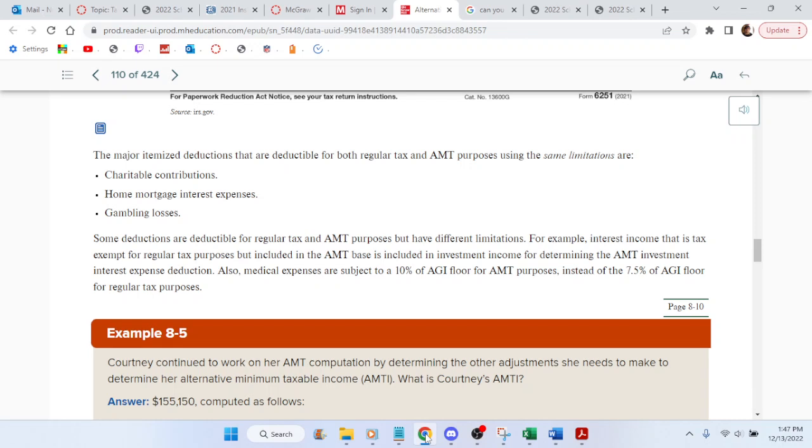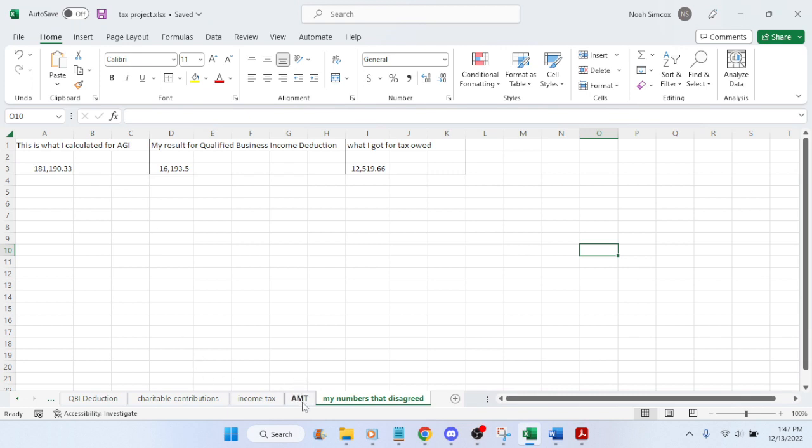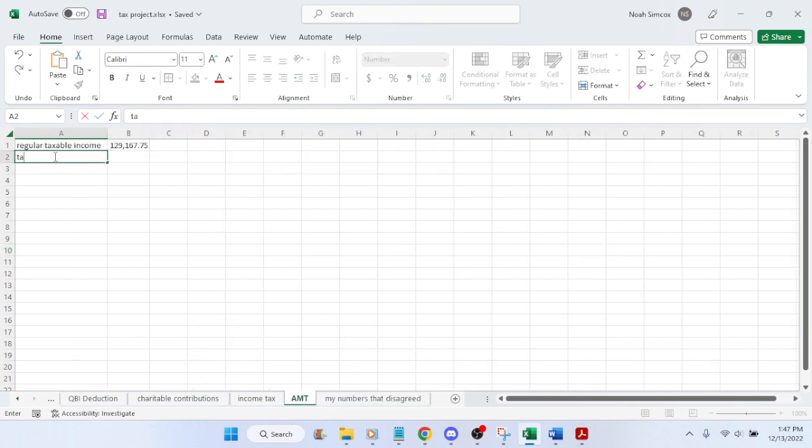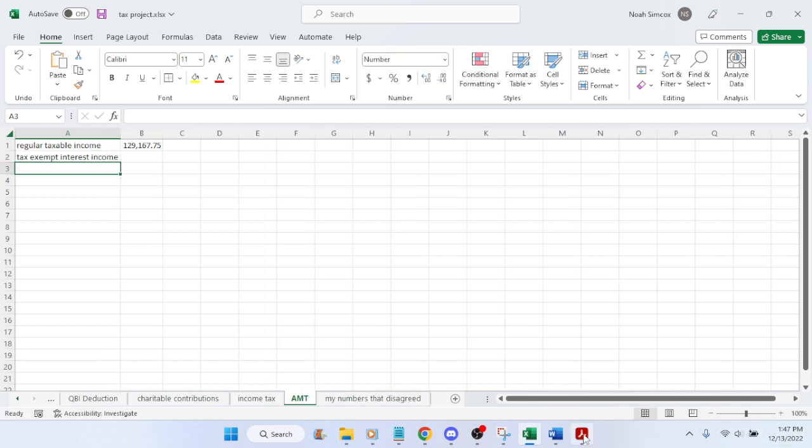Interest income is tax exempt for regular tax purposes. So do we add back the interest income, like the $200 of interest income? That's probably what we have to add. Tax exempt interest income. There was $200 of it, right?